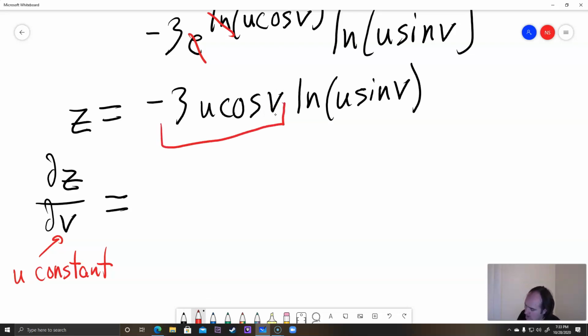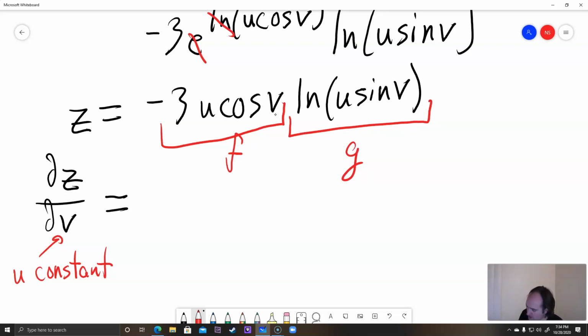Okay? So I'm going to call this first one f, and the second one g, and then we're going to use the product rule.